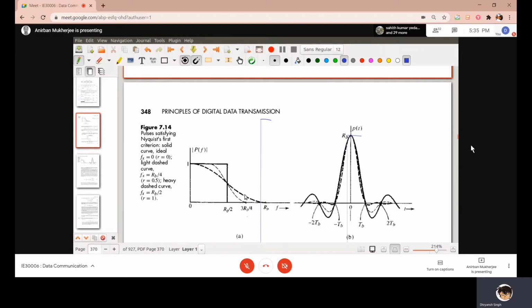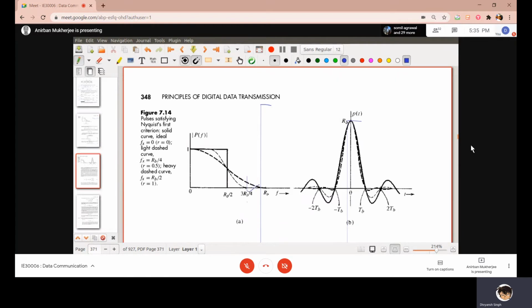But when you roll off, when R equals 1, then you are sending pulses like this.